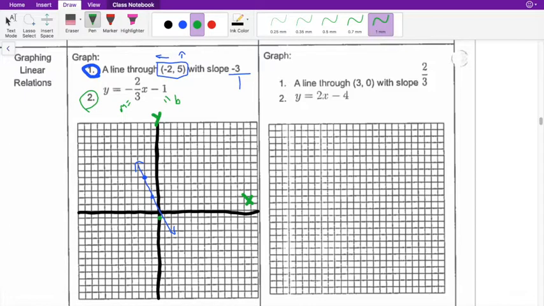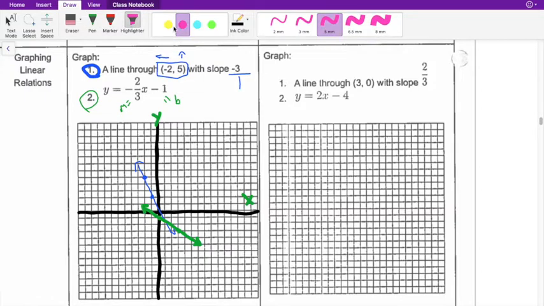Then my slope is -2 over 3. So I'm going to start by going down 2, 1, 2, over 3, 1, 2, 3. And there I go, through those 2 points. And there's my line. All right.